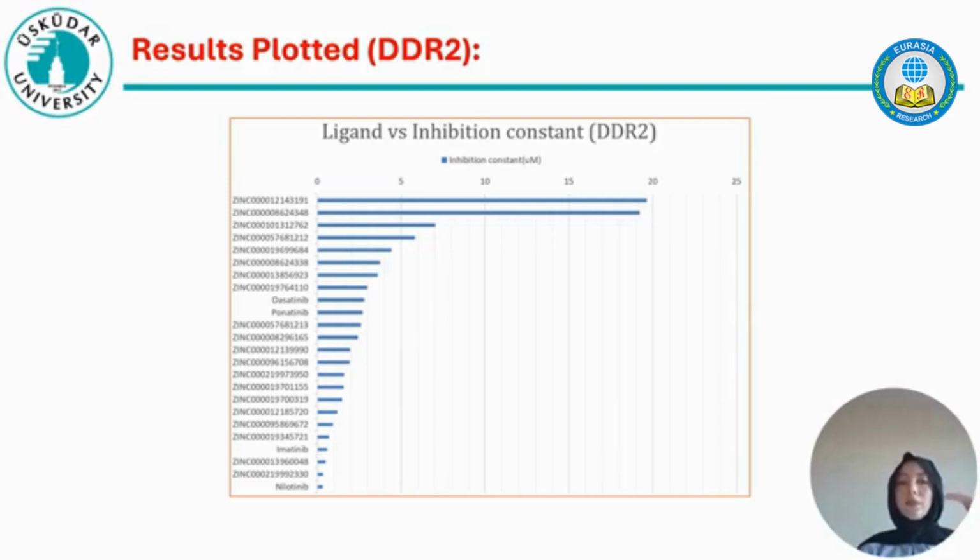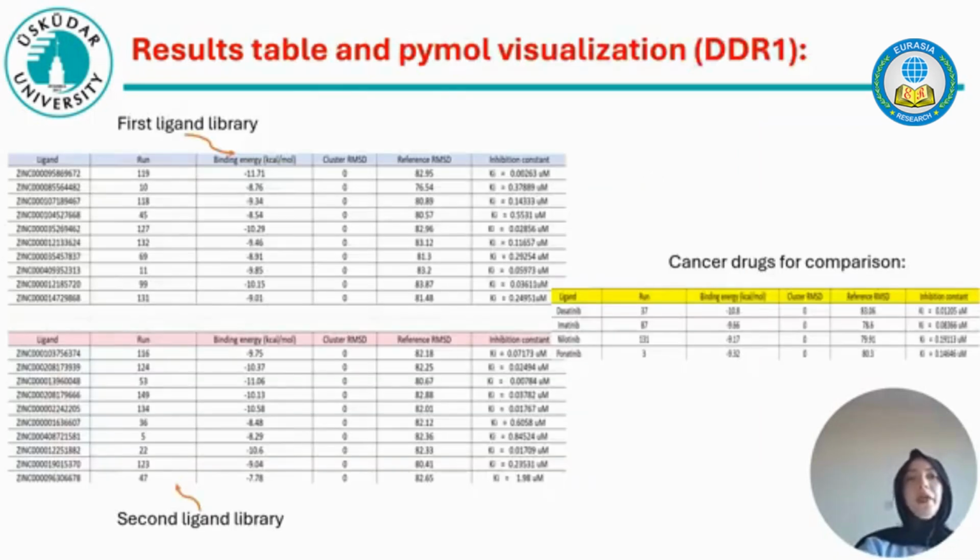And as we go up, the inhibition constant is increasing and the inhibition ability is decreasing. So the ones with the best inhibition ability here are nilotinib and the ones on top of it, the other ligands, and then imatinib and so on, as we see in this plot.